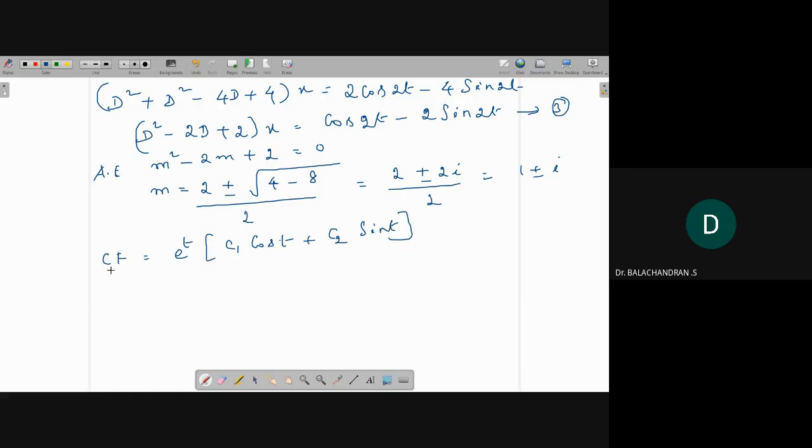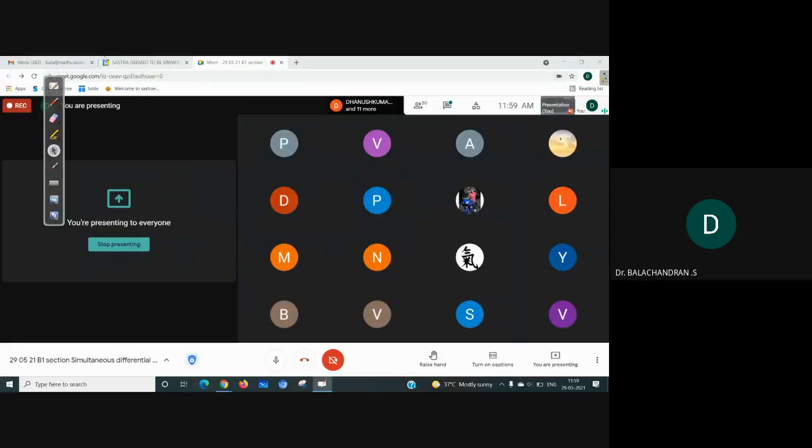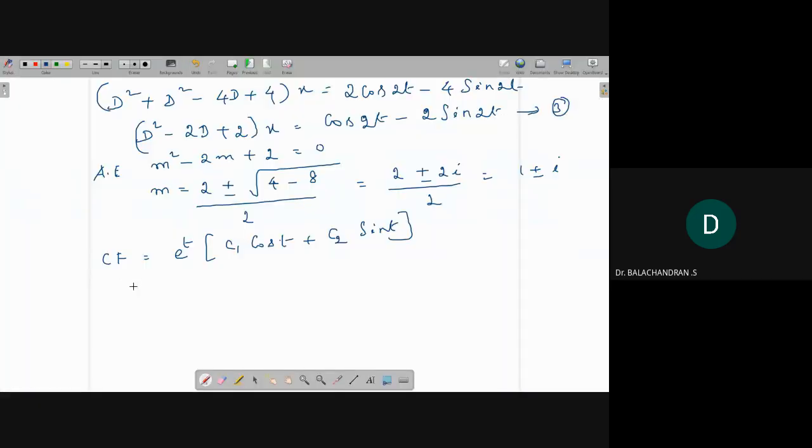So we got the complementary function. Now the particular integral. Particular integral equals 1 by (D square minus 2D plus 2), and the right hand side is cos 2t minus 2 sin 2t.